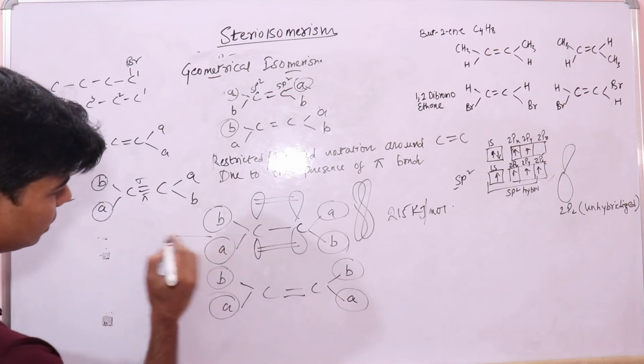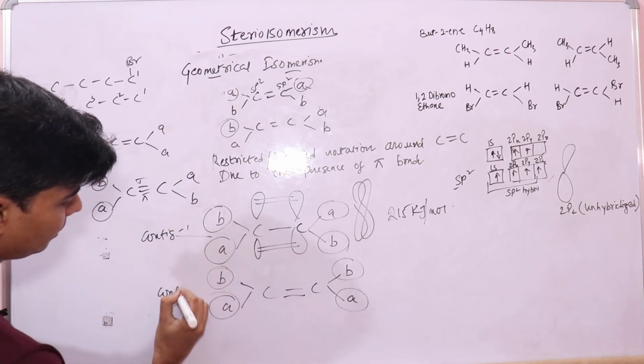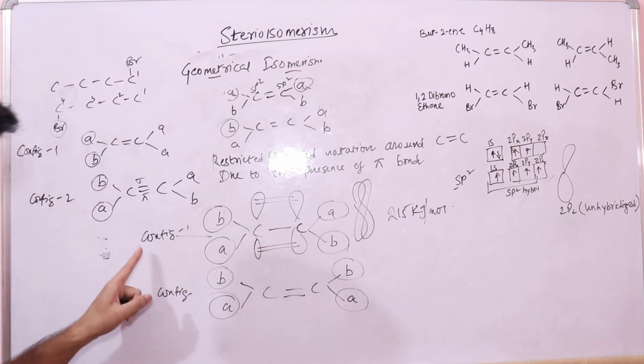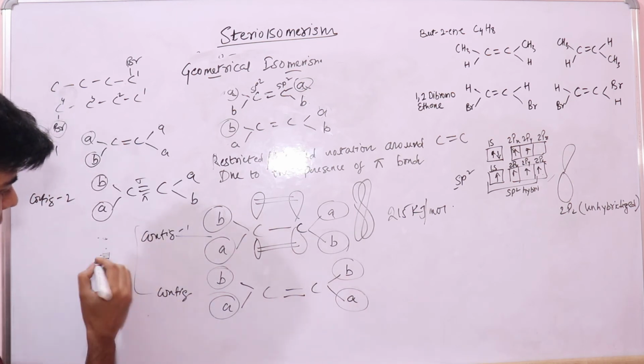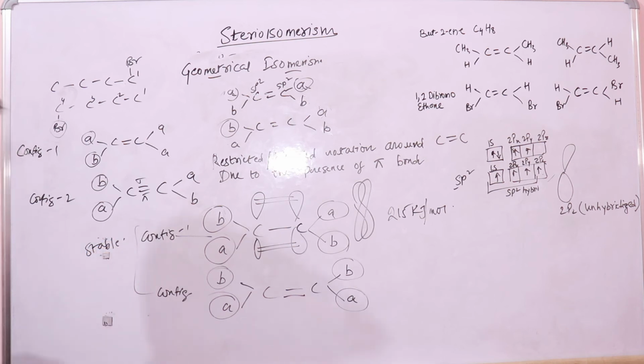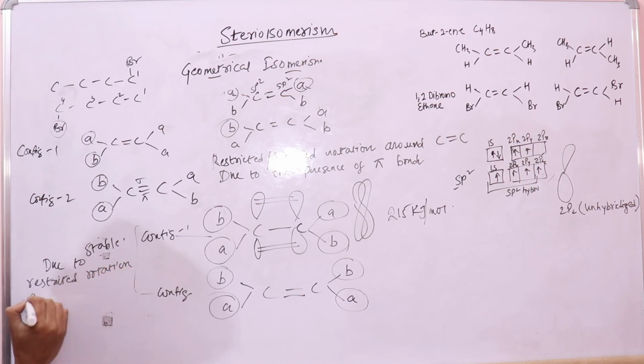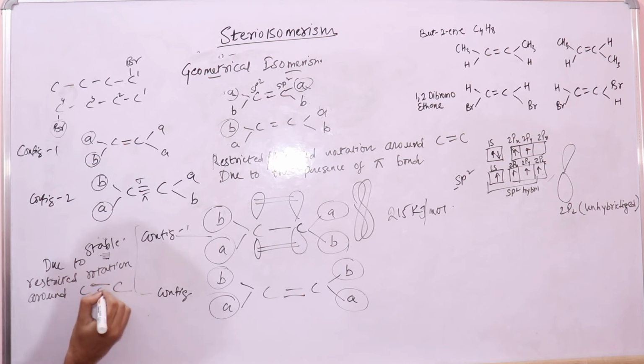So this is one type of configuration, and this is another type of configuration. Both these configurations are stable due to restricted rotation around the carbon carbon double bond. Why?